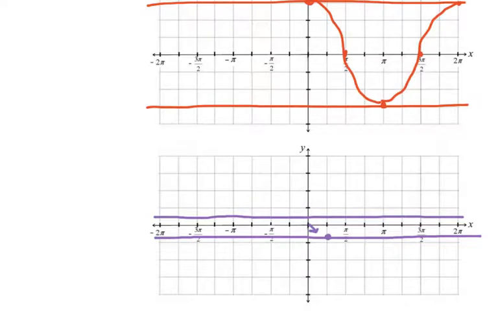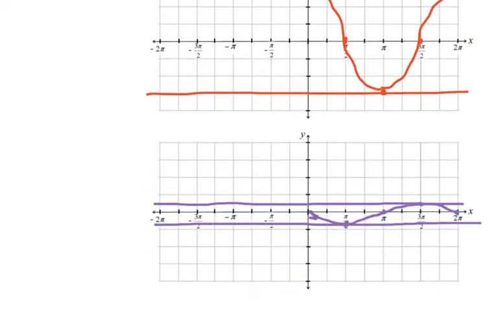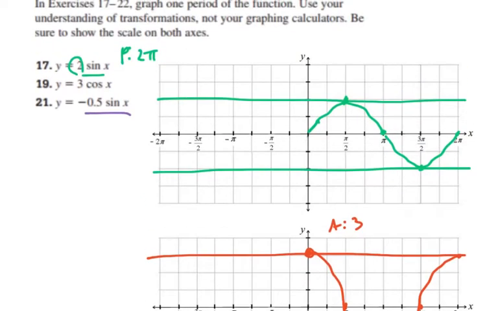Oh, its period is 2 pi, I was going over too far. So down here, back to the middle, back up, and back down again. So as you can see, that 0.5 really does squish it. And then, of course, the negative makes it go down. So this is all one revolution based on what is given.